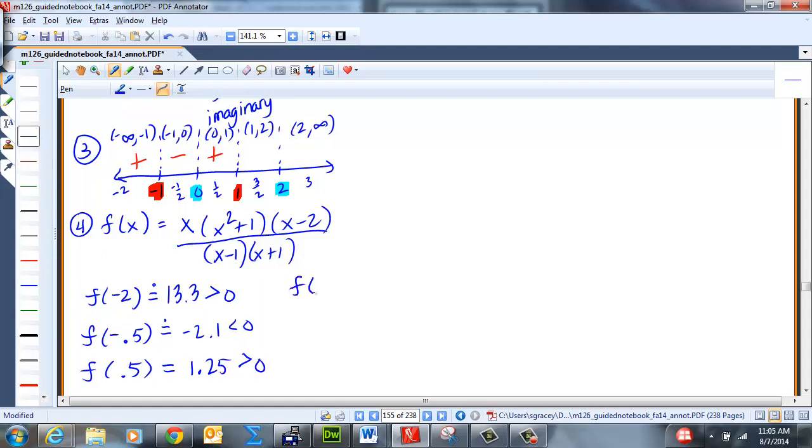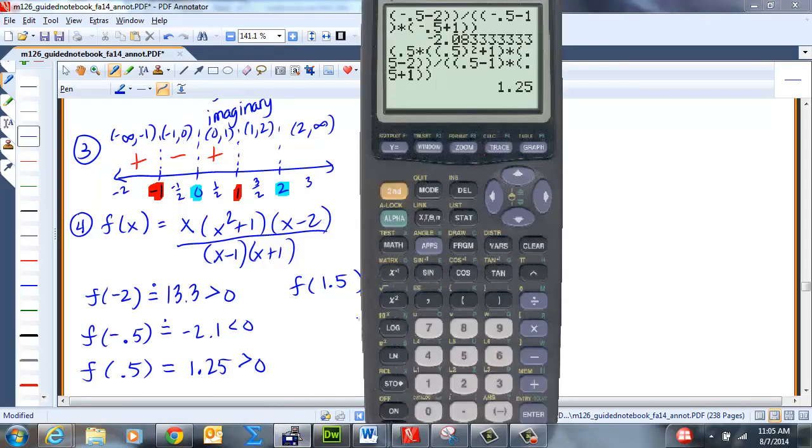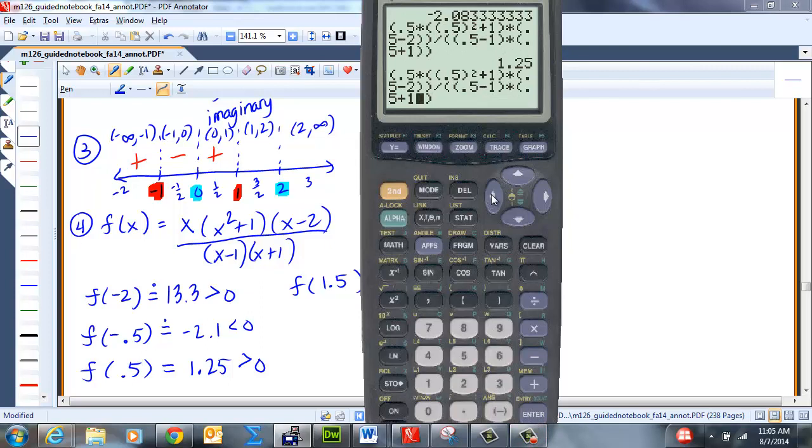And now we have f at 1.5, or 3/2. We'll say 1.5, probably easier on the calculator. So let's see what we get. Second entry, so now we're just going to have to insert a 1 on each of those.